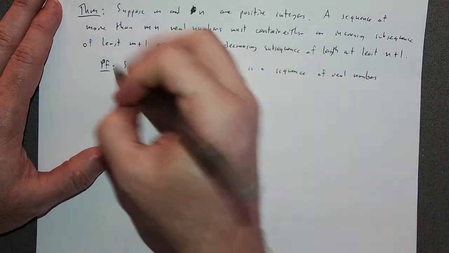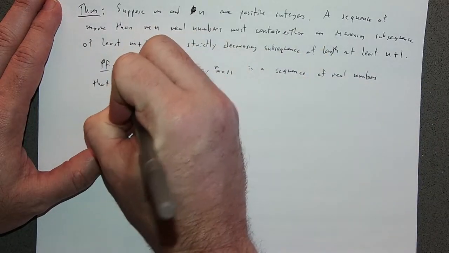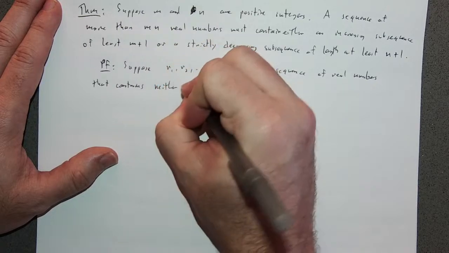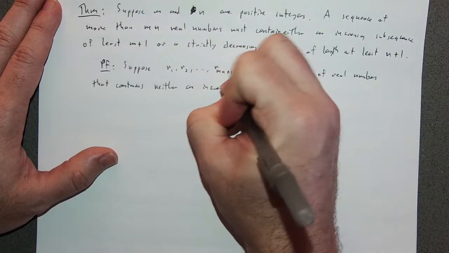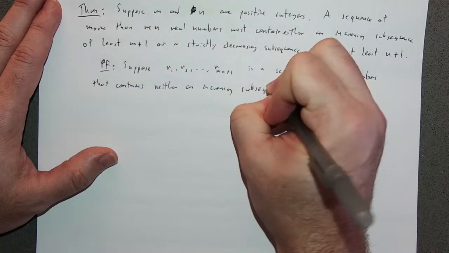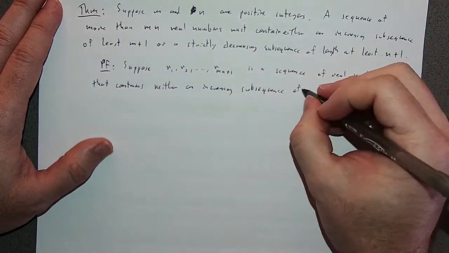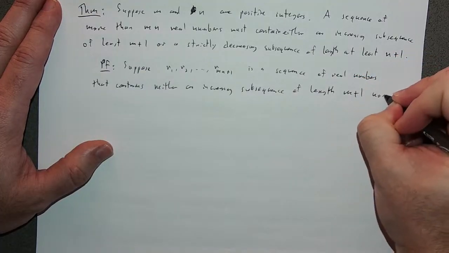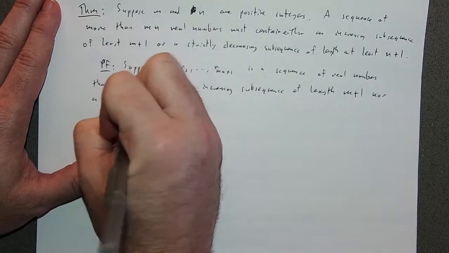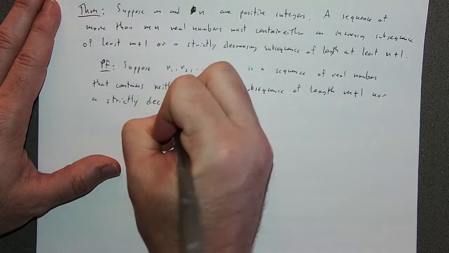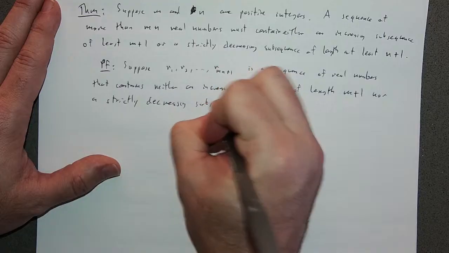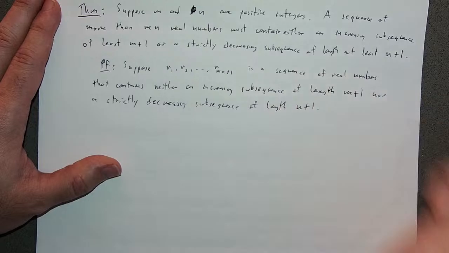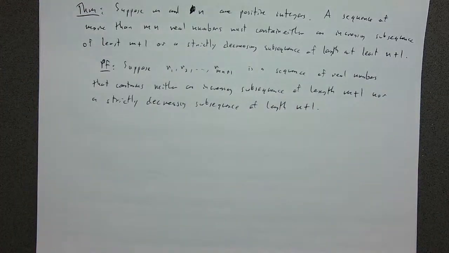It's a sequence of real numbers that contains neither an increasing subsequence of length m plus 1 nor a strictly decreasing subsequence of length n plus 1.